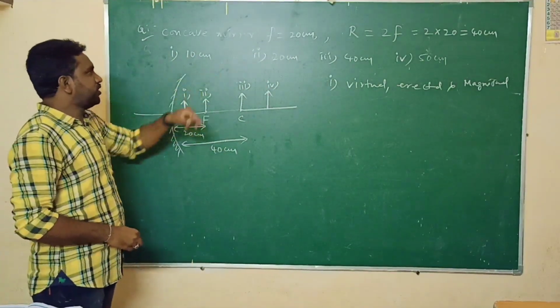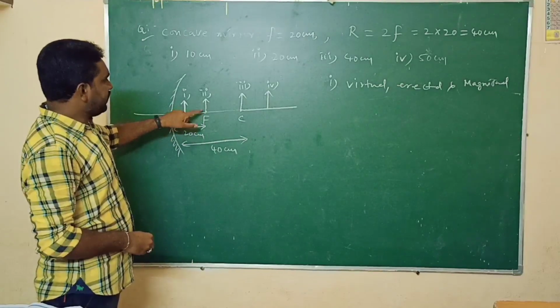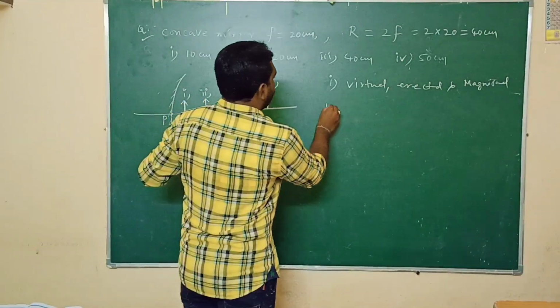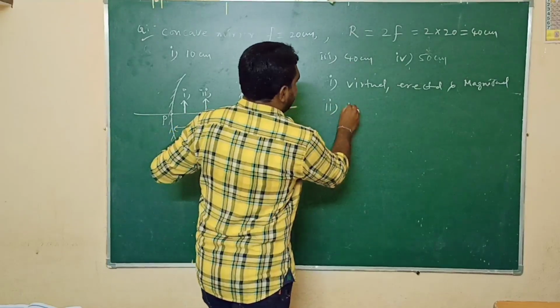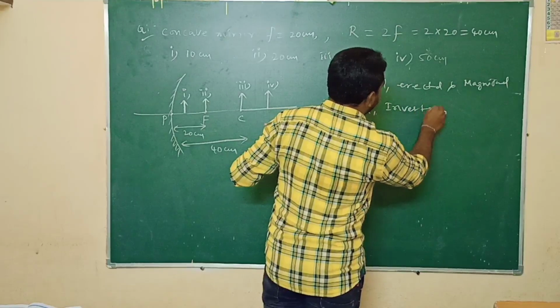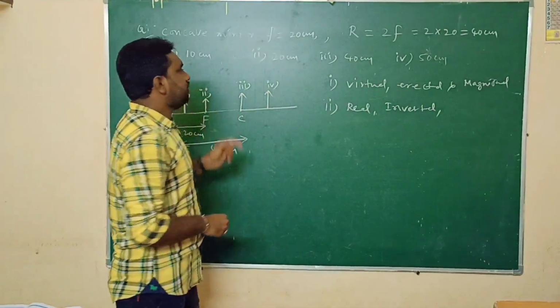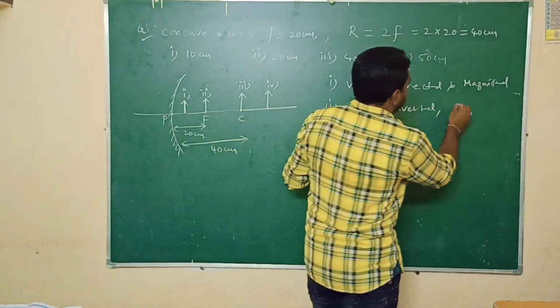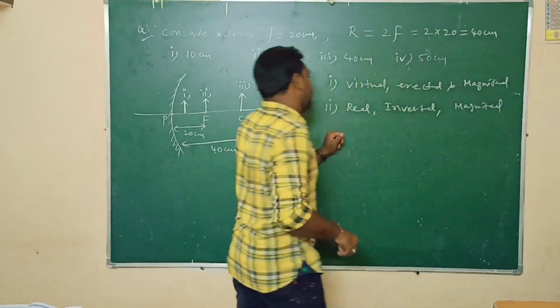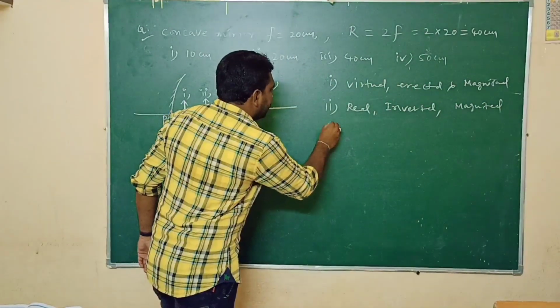Next we will see position 2, 20 centimeters. That means the object is placed at focus. When the object is placed at focus, we will get a real, inverted and magnified image.